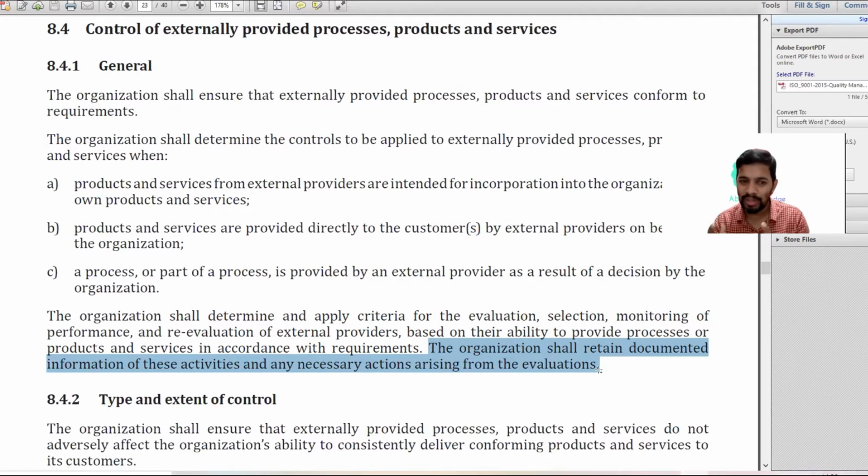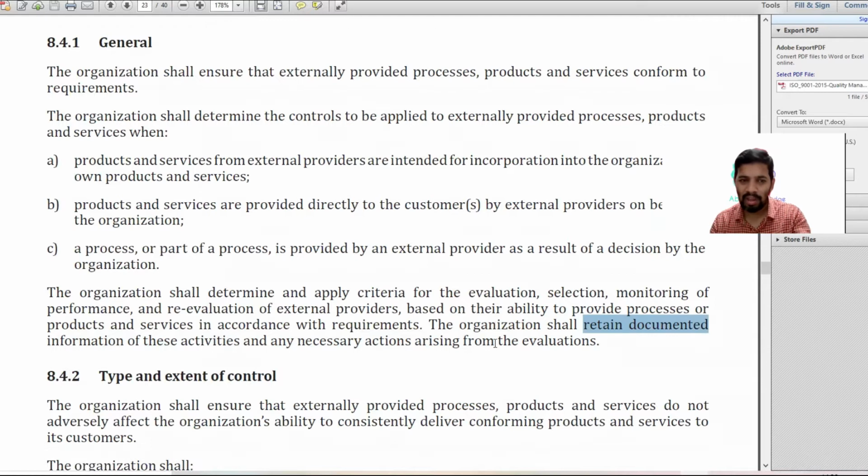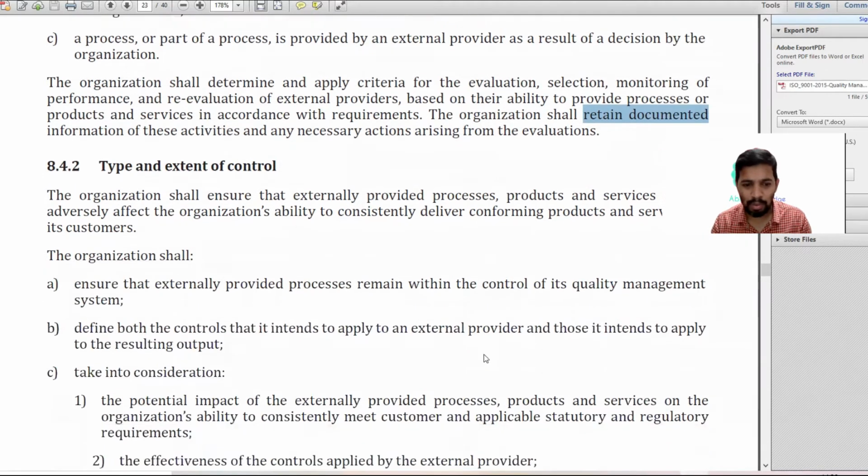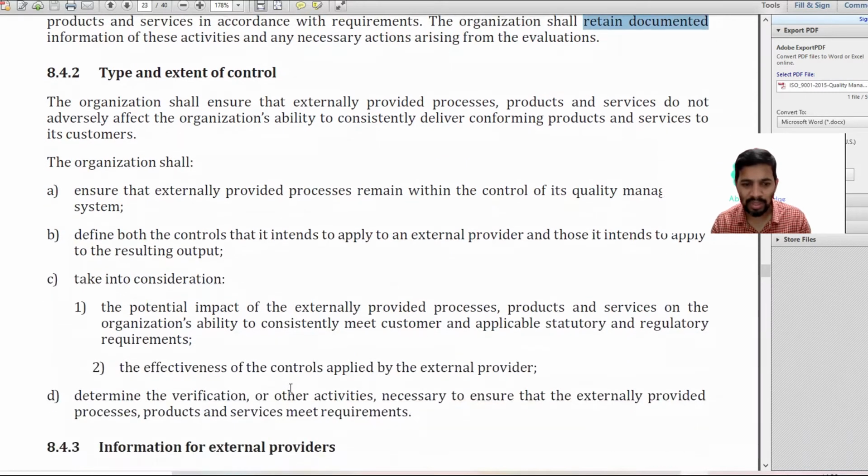So how do we evaluate? Here in this case, the local supplier was chosen, but the evaluation is not there, right? So this is a mandatory requirement. We also need to have the retained documented information, that is, records. You can give the last paragraph of 8.4.1, or you can also talk about 8.4.2, which talks about the same thing: determine the verification and other activities necessary to ensure that externally provided processes and products meet the requirements.